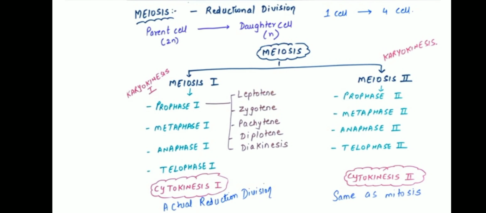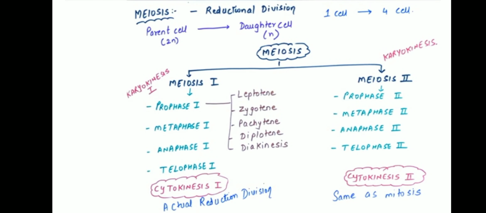So this meiosis is of 2 stages, meiosis 1 and meiosis 2. In meiosis 1, 4 stages are there: prophase 1, metaphase 1, anaphase 1 and telophase 1. Finally, cytokinesis 1. Okay, here prophase 1 is a longer phase.